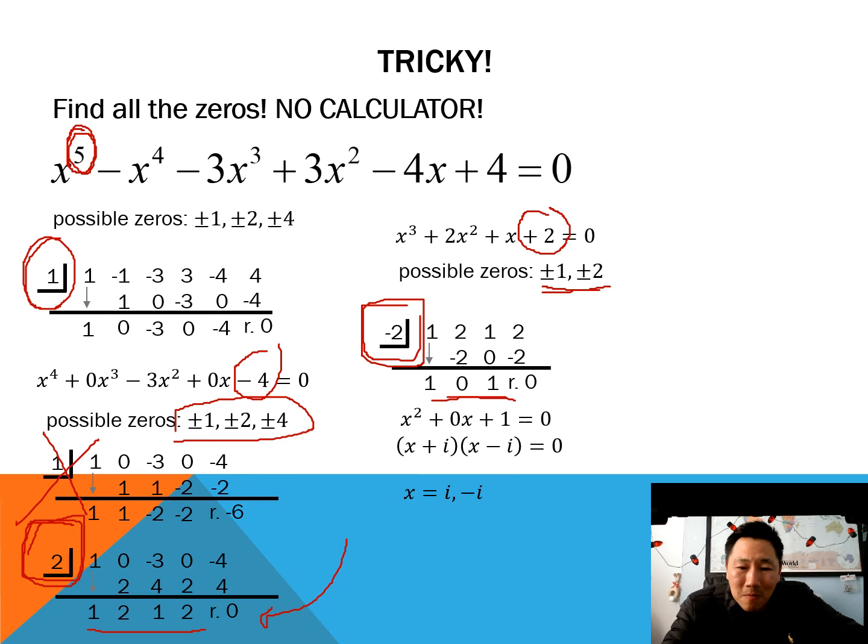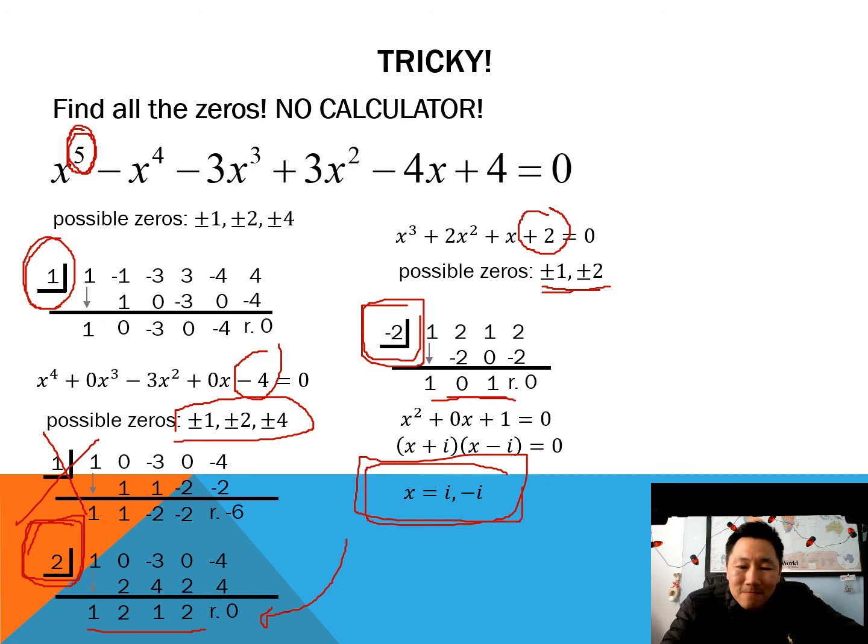I hope you guys remember the sum of perfect squares formula. If you didn't, then fine, go ahead and use the quadratic formula. But I was able to factor this to get x equals i and -i. And those are the other 2 answers. So totaling 5 answers altogether.